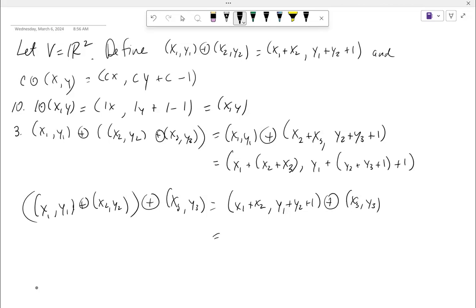Now what do we get when we add these two together? Okay, I get the x1 plus x2 plus the x3. What do we get in the second component?